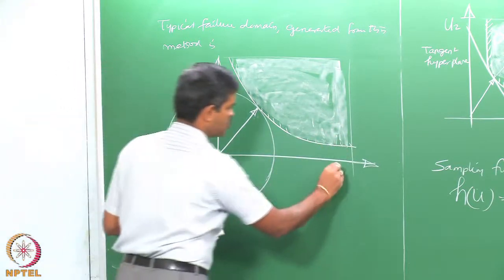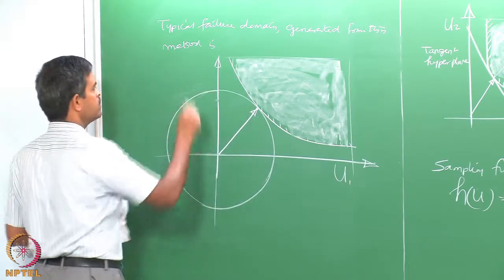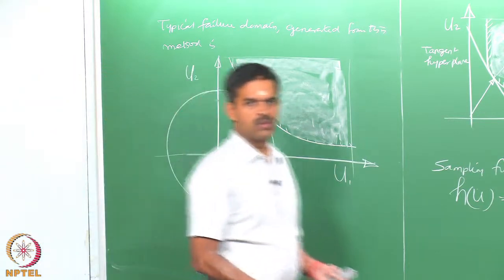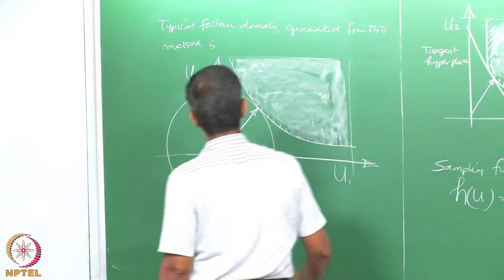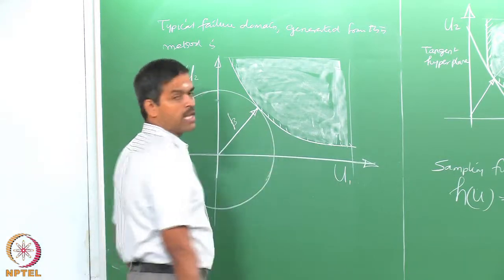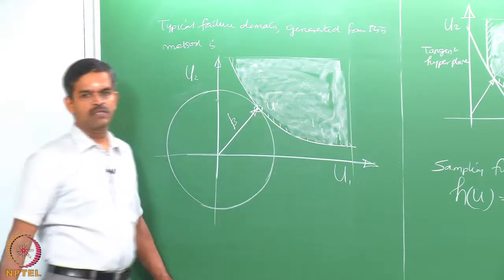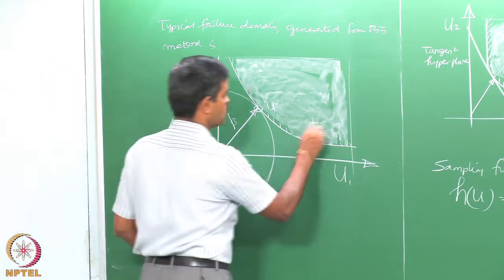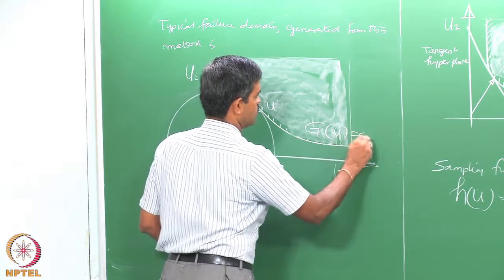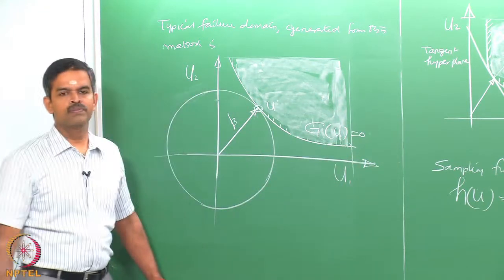As usual this is U1 and this is U2, and this is beta, the reliability index, and that is my design point U dash. Of course, the envelope shows it is G of U equal to 0.